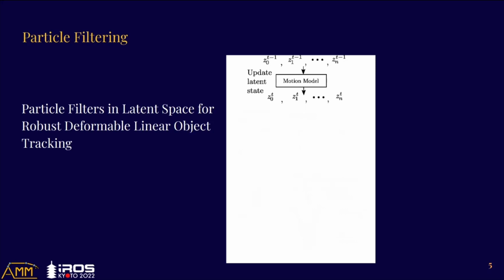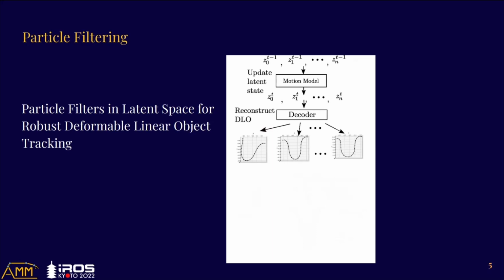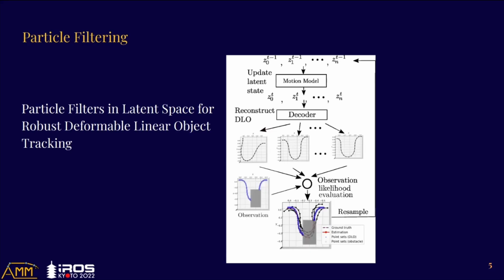With the new latent state, we reconstruct DLOs using the trained decoder. And together with the observation, we calculate the observation likelihood or posterior probability of each particle. Then we sample particles. Basically, with larger probability, the particles are more likely to survive to the next iteration.